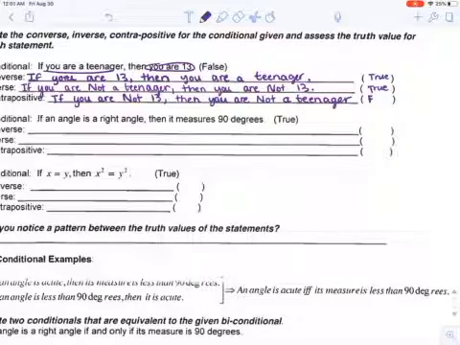This statement is false. I can think of a counterexample where you're not 13, say 15, but you are a teenager.